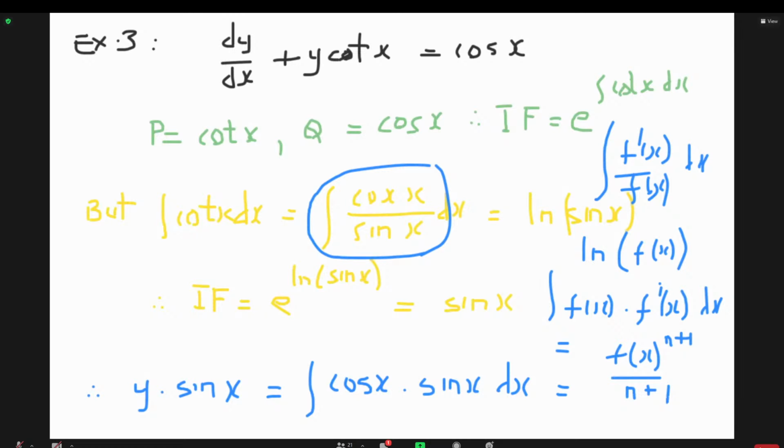So therefore this works out to be, the integral of that is sin x squared on 2 plus c.